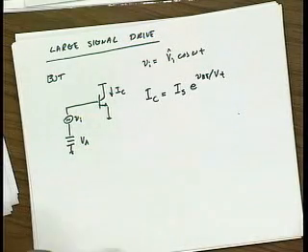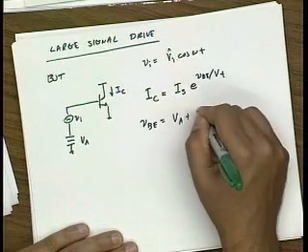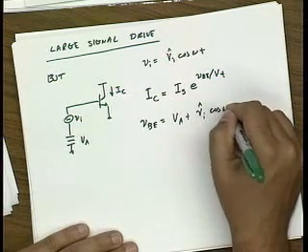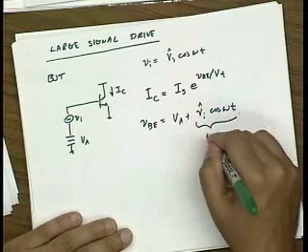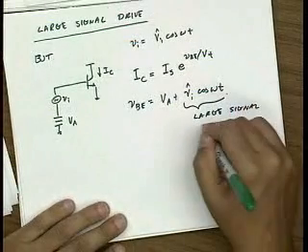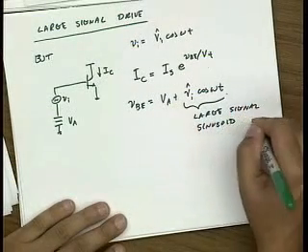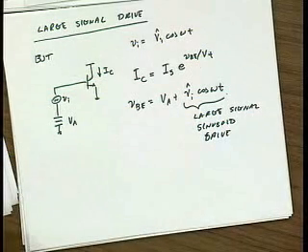Okay? And VBE in this case is some bias voltage plus this input signal. So this is the large signal sinusoid drive.